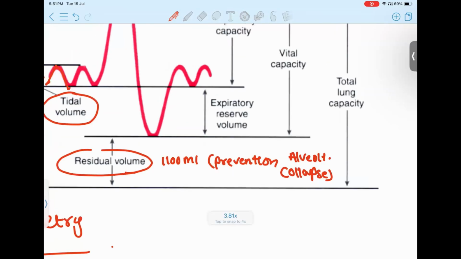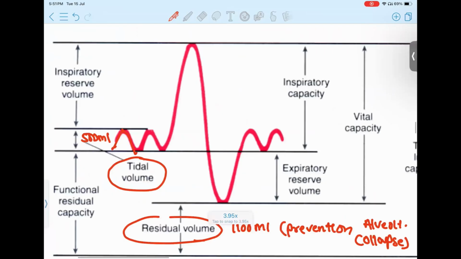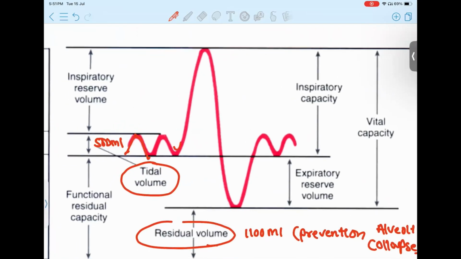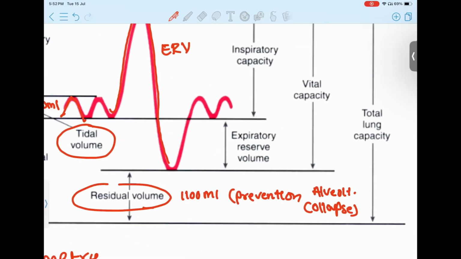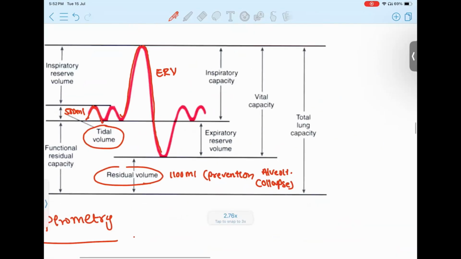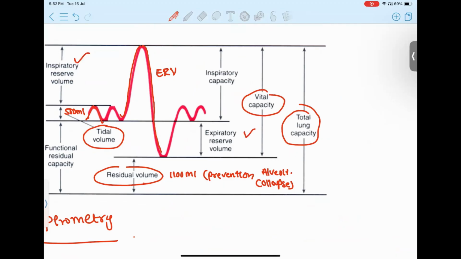Next, whatever you can inhale maximally inside is your inspiratory reserve volume. Whatever you can maximally exhale from your lungs is your expiratory reserve volume. When the volumes are combined, we call them capacities. The total lung capacity involves all the volumes: inspiratory reserve volume, tidal volume, expiratory reserve volume and residual volume. The vital capacity involves your inspiratory reserve volume, expiratory reserve volume and the tidal volume.